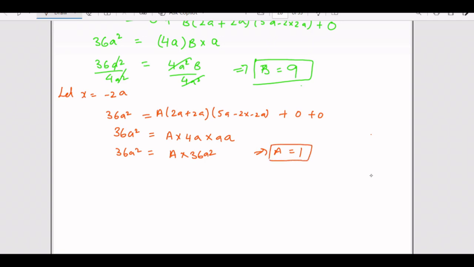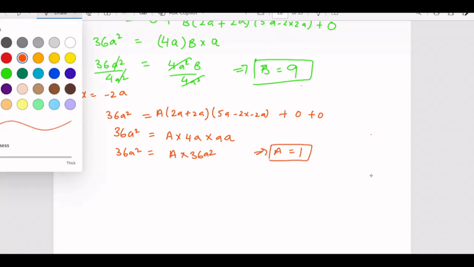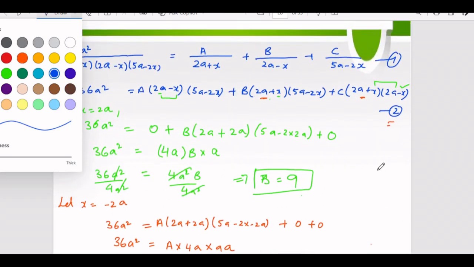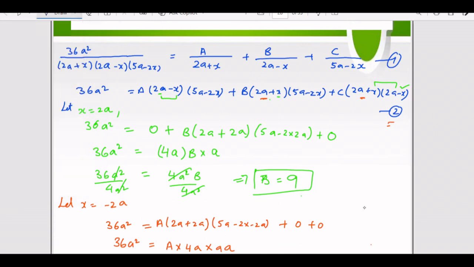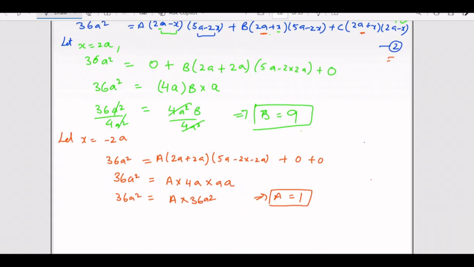Now we are still left with the value of C. We can find C by making the other terms 0. What else can we put? We have 5a minus 2x equals 0. If we want to make this equal to 0, then 5a should be 2x and x should be 5 over 2a.